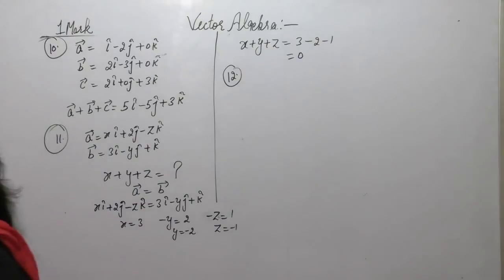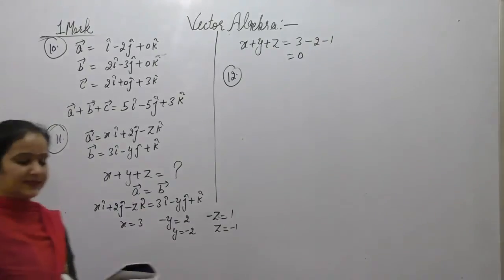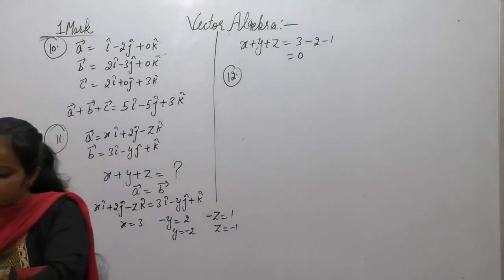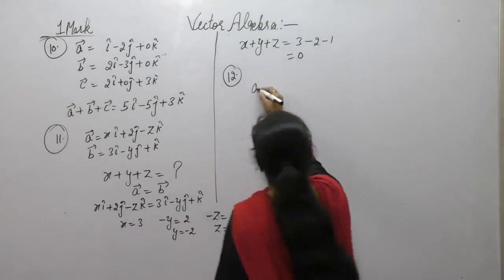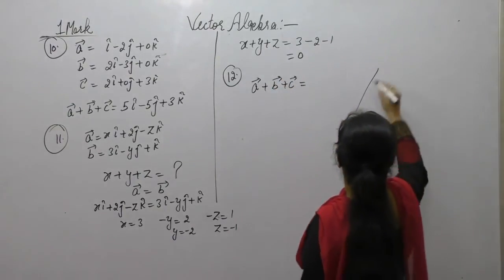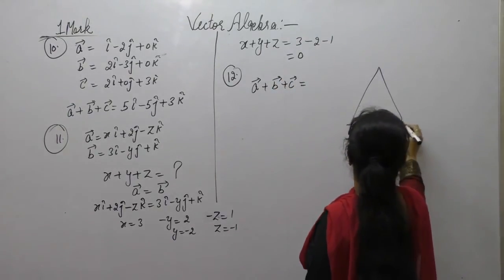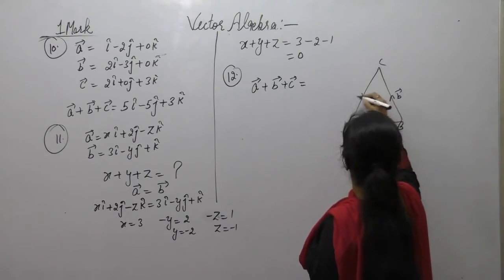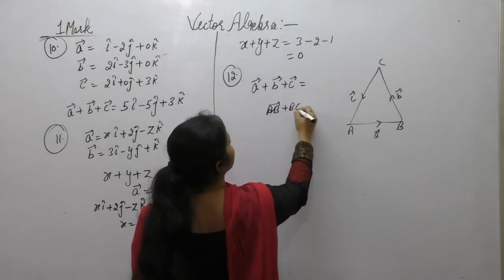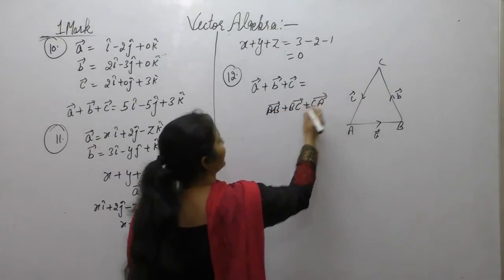Next question. If A, B, C represent the sides of a triangle taken in order, then write the value of A vector plus B vector plus C vector. AB vector plus BC vector plus CA vector.